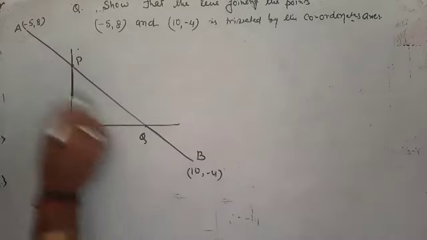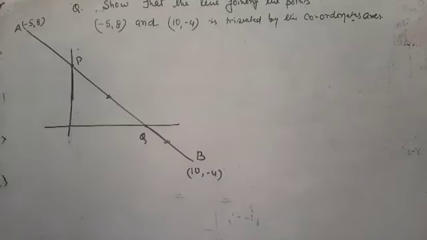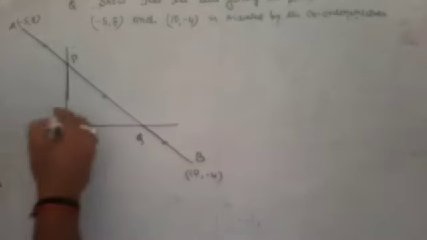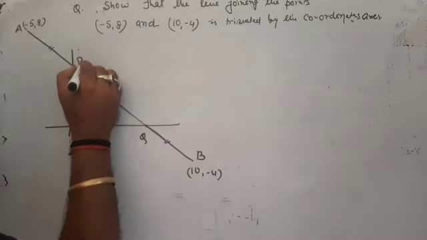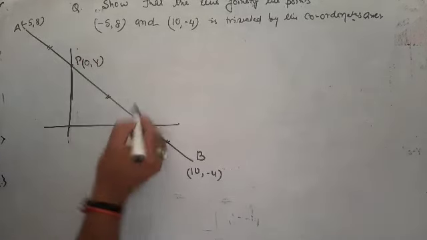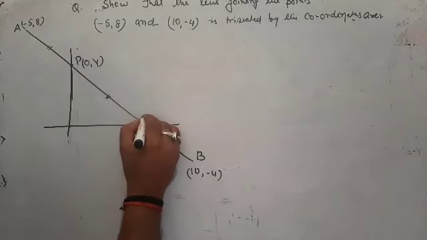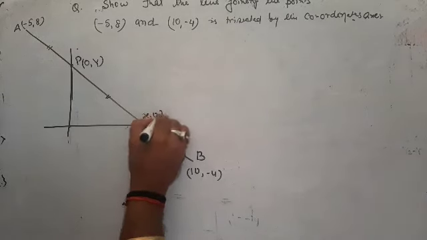So P and Q divide the line AB in 3 equal parts. That means BQ is equal to PQ is equal to AP. So P lies on the y axis, that means the coordinates of P are 0 comma y, and Q lies on the x axis, that means the coordinates of Q are x comma 0.